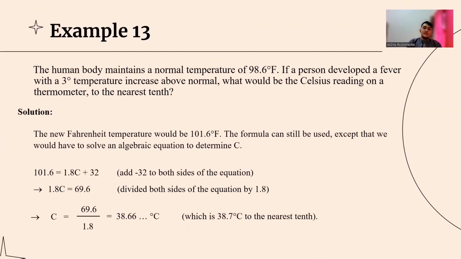And this is the next question. The human body maintains a normal temperature of 98.6 Fahrenheit degrees. If a person develops a fever with a 3-degree temperature increase above normal, what would be the Celsius reading on the thermometer to the nearest tenth?